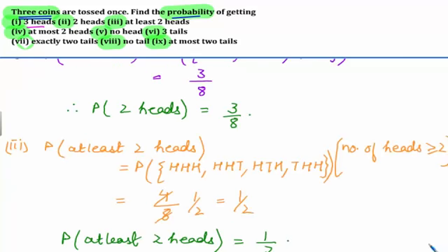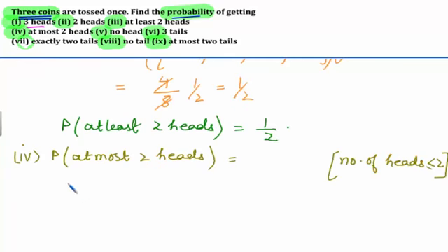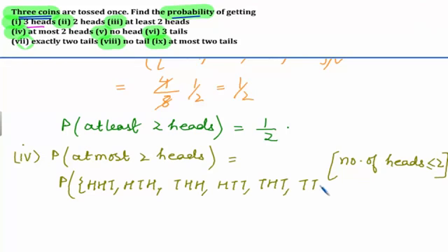Therefore, in this case, we have the probability of the events HHT, HTH, THH, HTT, THT, TTH and TTT.